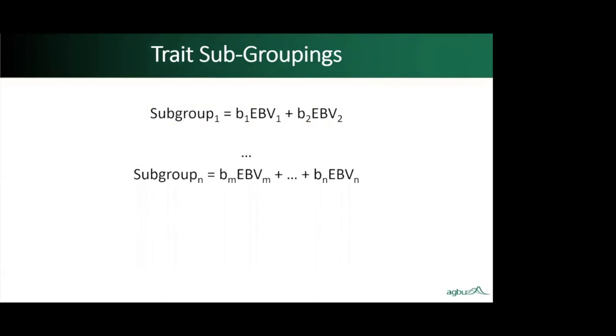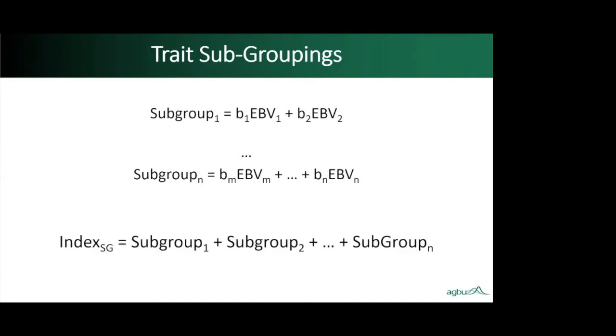Alternatively, if the economic importance of EBVs has been derived while considering the economic importance of all other EBVs, the EBVs can be formed into subgroups to demonstrate the effect an animal will have on particular components of a commercial production system. These subgroups can then be added together to demonstrate the effect that animal will have on total profitability within the commercial production system.